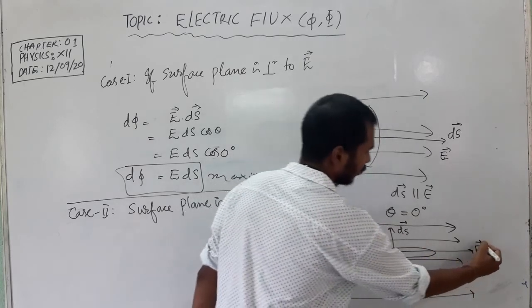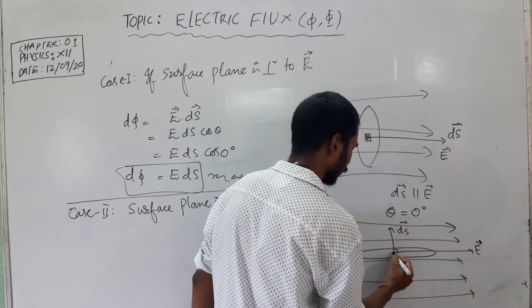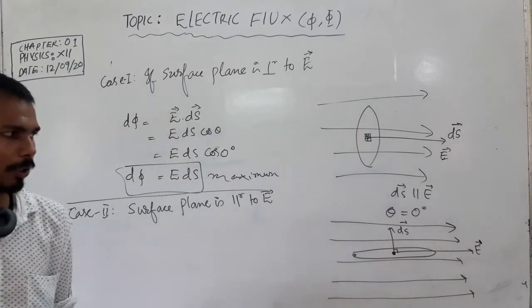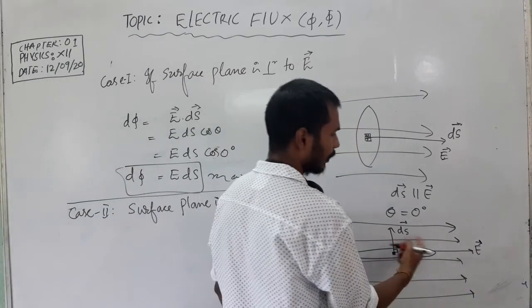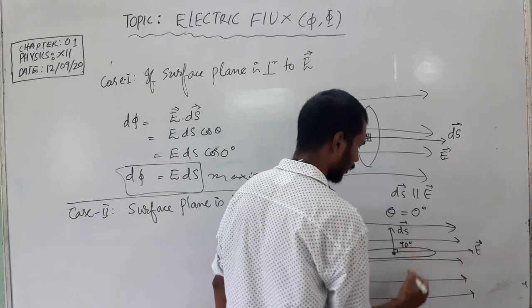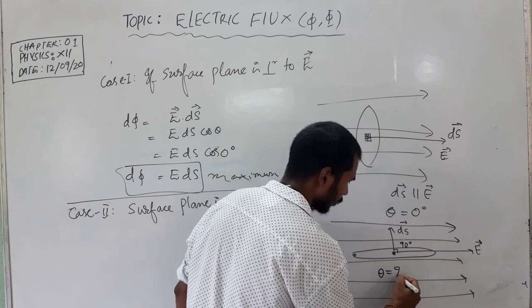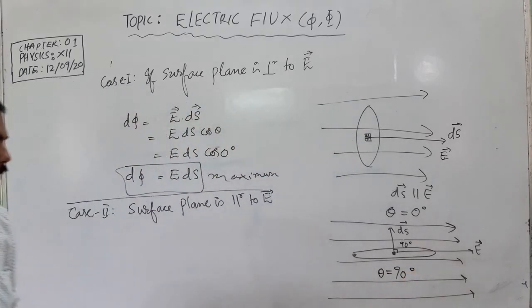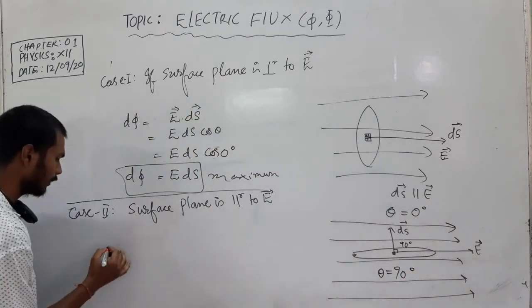So the angle is 90 degrees, that is theta is equal to 90 degrees. Now what is the flux?